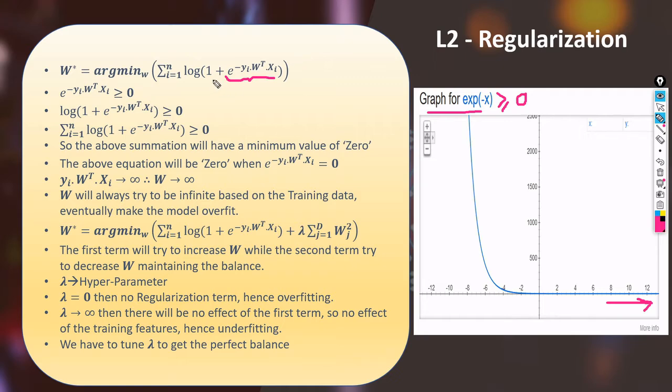Now, what are the other things in this equation? We have log of 1 plus e to the power minus sine distance.